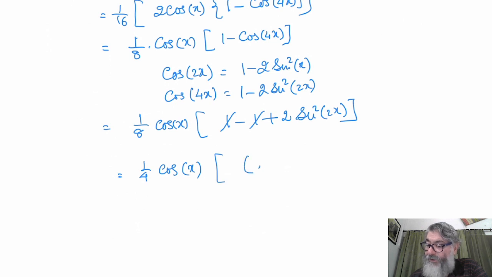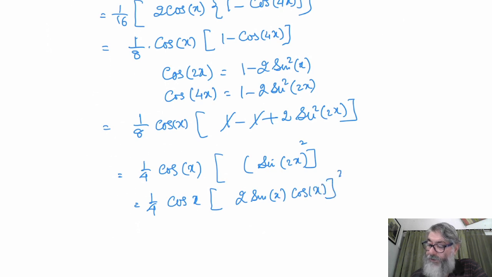It can be written as sine 2x to the power 2. So 1 upon 4 cos x, and sine 2x means 2 sine x cos x, and to the power 2. So it will become what? 1 upon 4 cos x.